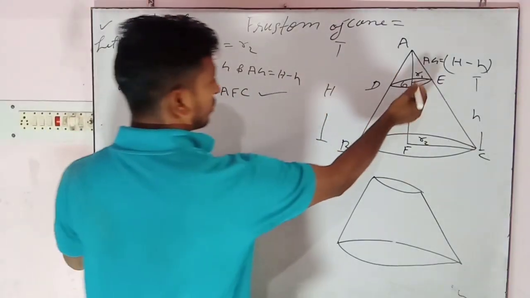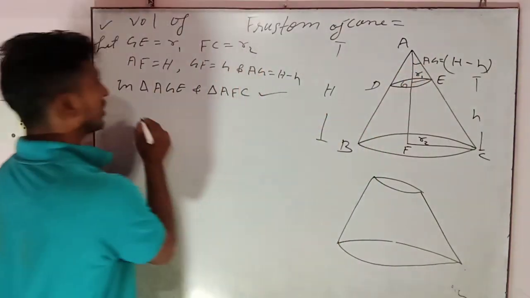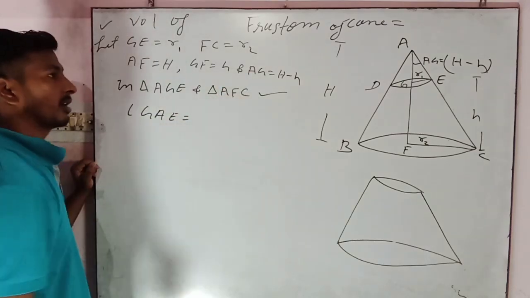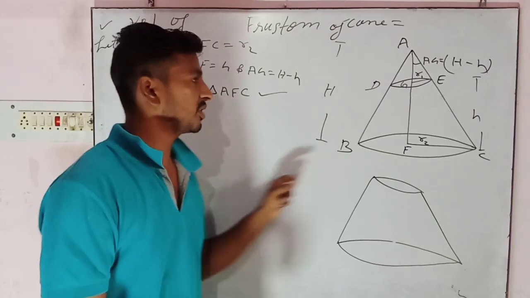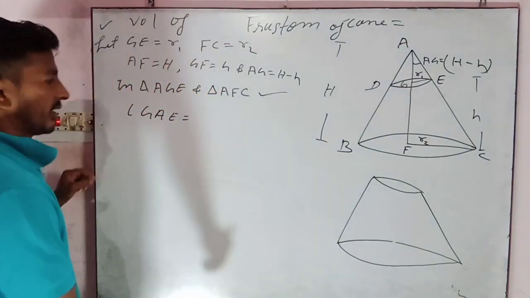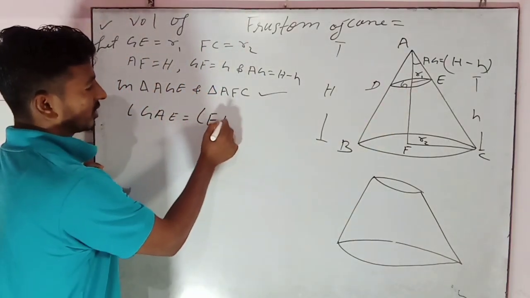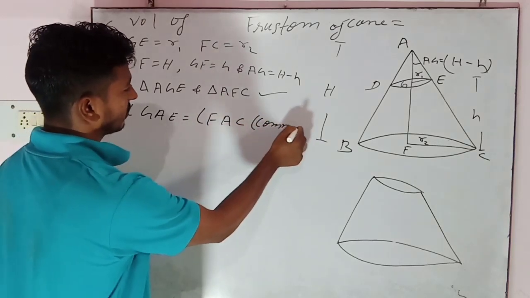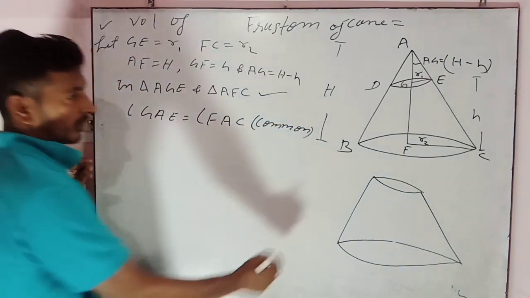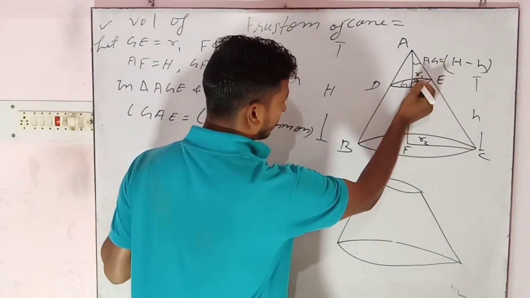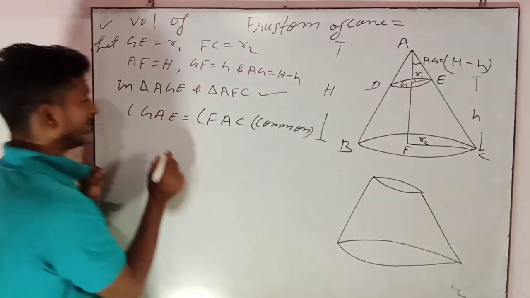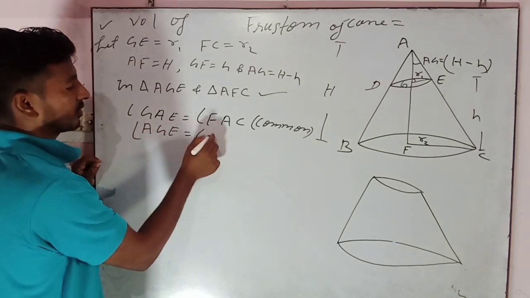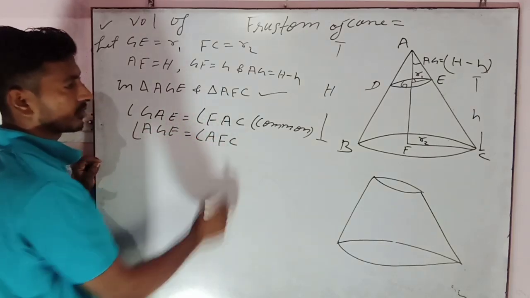Yes, because this angle, angle GAE, that A is coming in the small triangle as well as in the big triangle. So this angle is common for both triangles. So we write common. Angle AGE is equal to angle AFC.